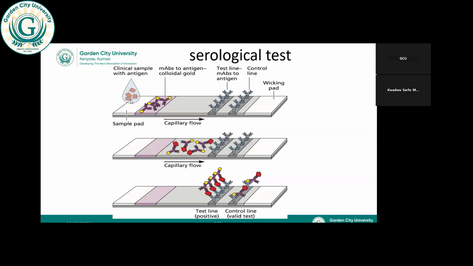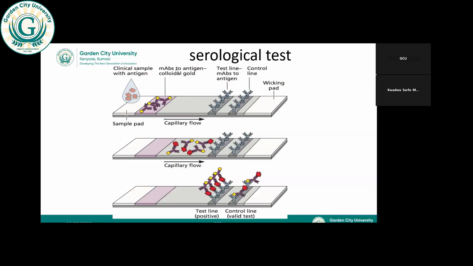So the sample, sometimes the buffer will move the antigen for binding at this region. Then they will flow by capillary action. And when it gets to the test line, the test line has anti-immunoglobulins.